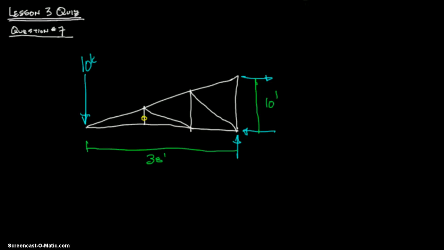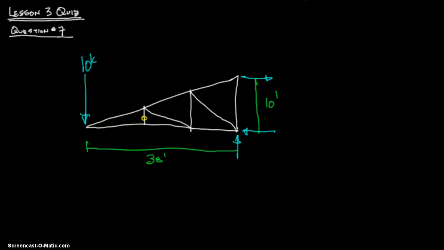Then we go over, and do we know any of these? Not necessarily. That's not necessarily a zero force member. I can't tell. Maybe there's some in-depth analysis where you could figure out that it is a zero force member, but right off the top of my head, I can't tell.